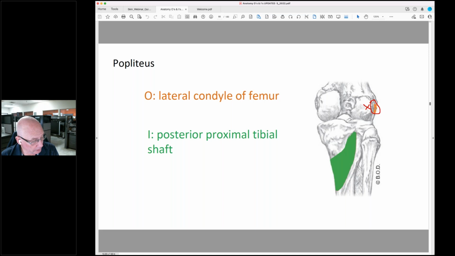That's the origin. And the insertion is this big hunking area here, posterior proximal tibial shaft, just below the tibial condyles, which is basically up here.